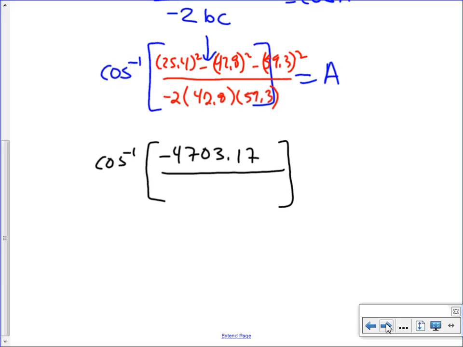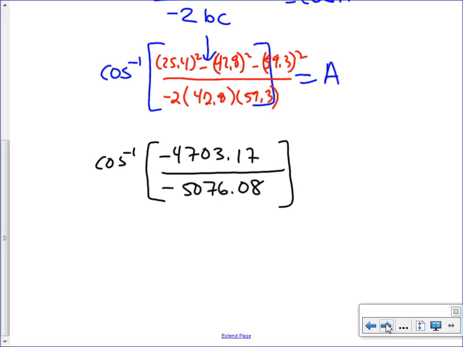Negative 2 times 42.8 times 59.3 is negative 5076.08. Now, just divide it and then take the inverse cosine.